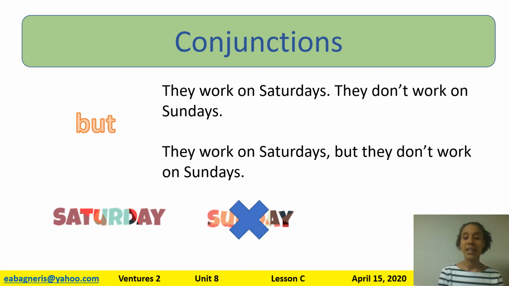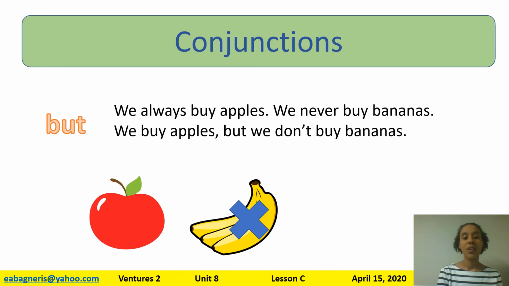You don't need to write these ones down in your notebook, but if you want to, you can. We always buy apples. We never buy bananas. We buy apples, but we don't buy bananas.